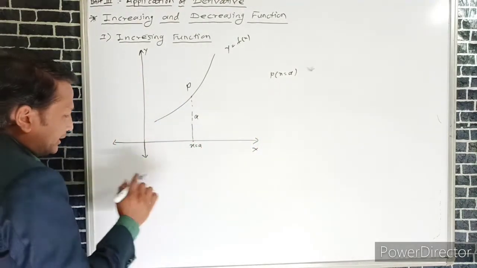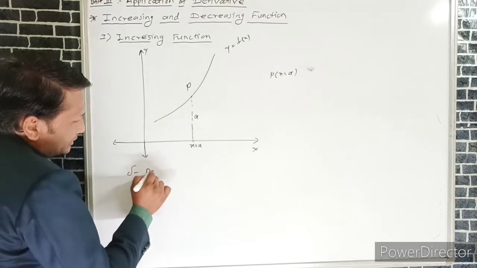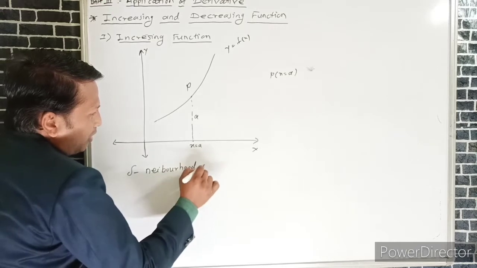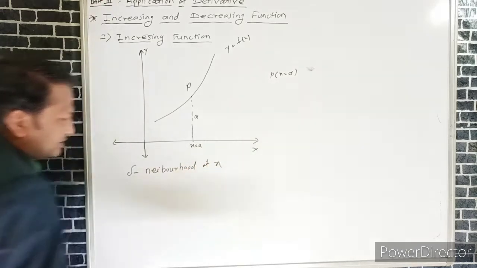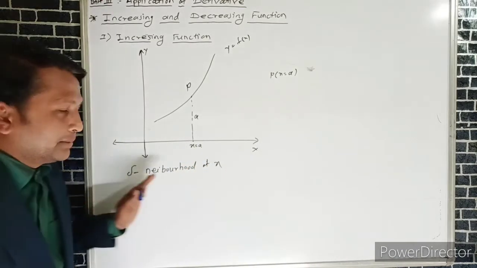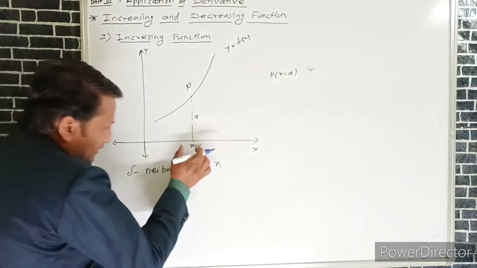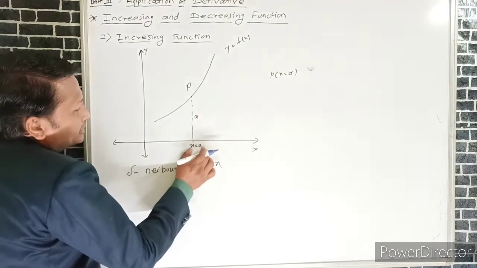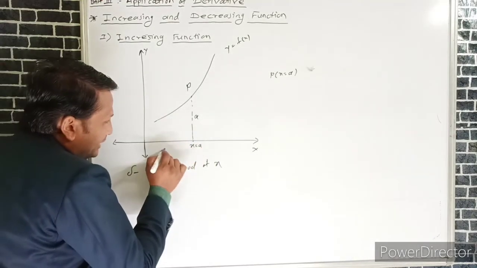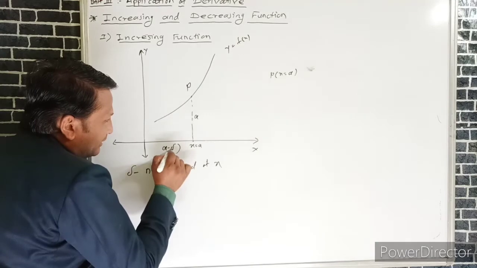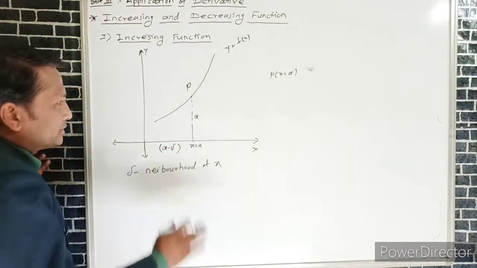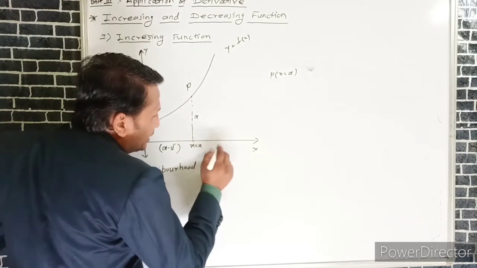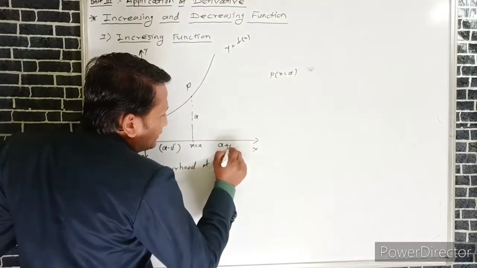If we take delta as a neighborhood of x, then the point before x equals a is a minus delta, and the point after x equals a is a plus delta.